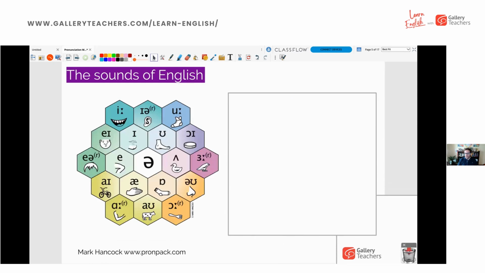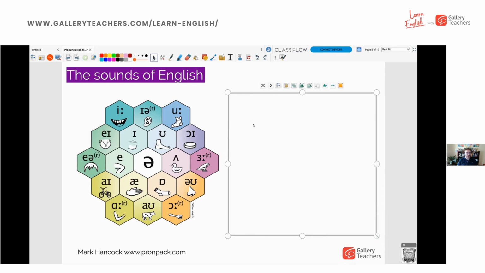First, we've got lots of vowel sounds. You might find that your language has fewer vowel sounds than English. In total, we have 19 vowel sounds in English. It can be a bit of a scary idea.